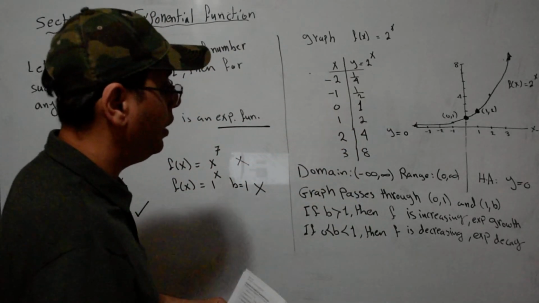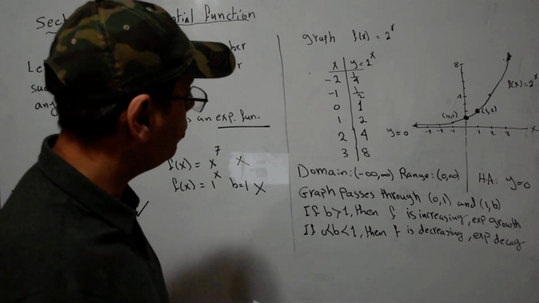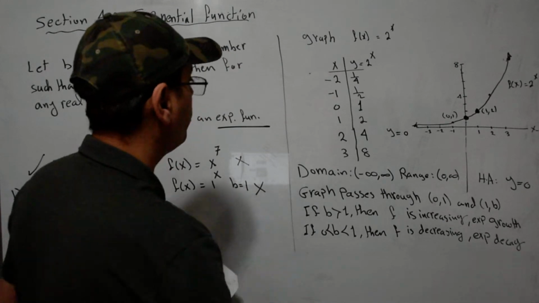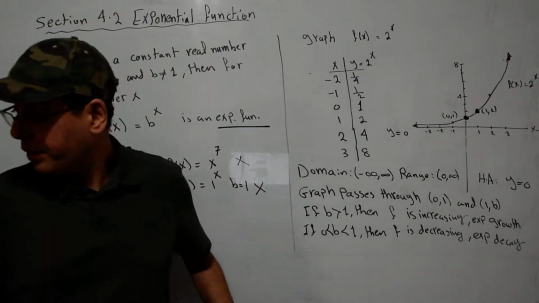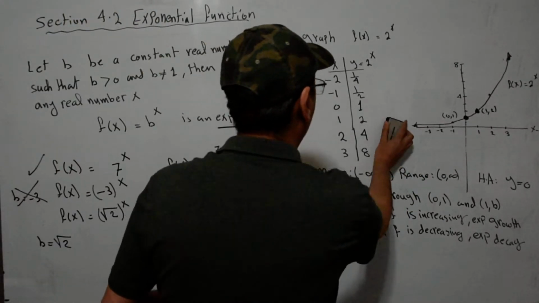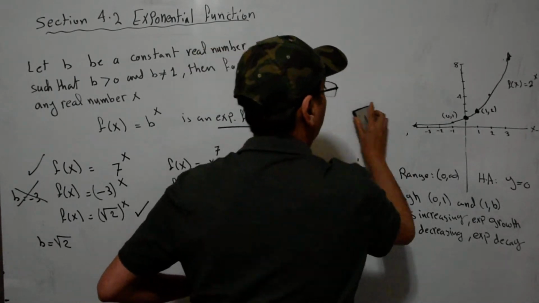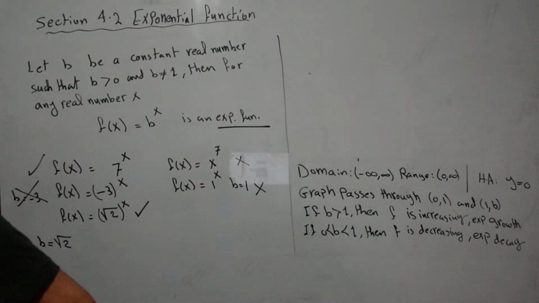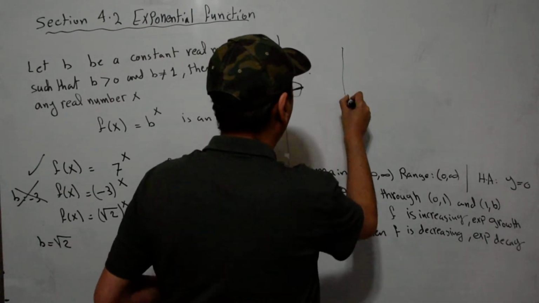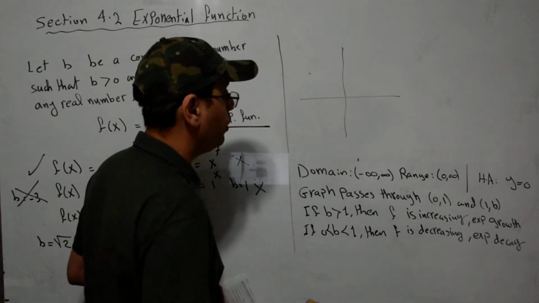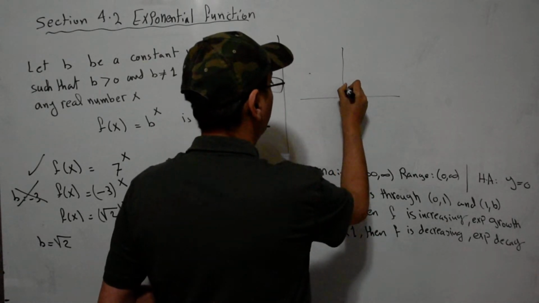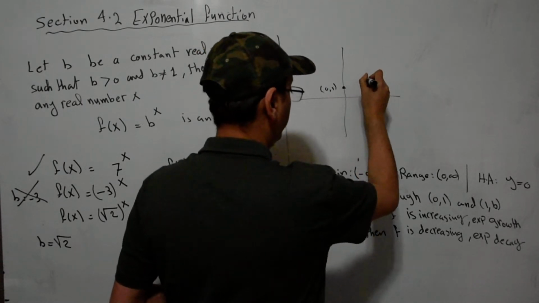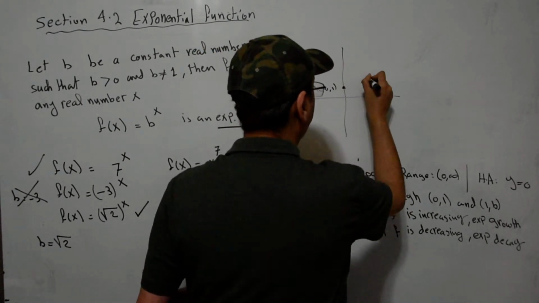So let's talk about graphing some functions. Before I graph the function, I want to show how we graph these two. We agree that any exponential function passes through (0, 1) and (1, b).